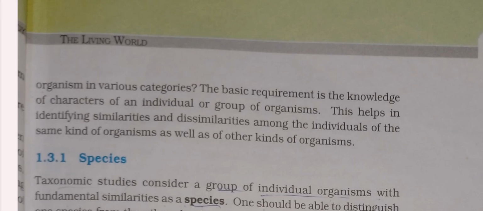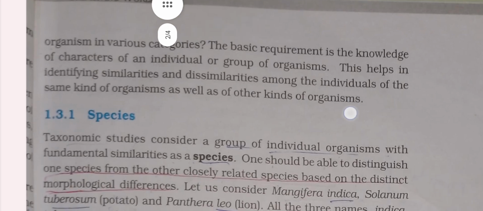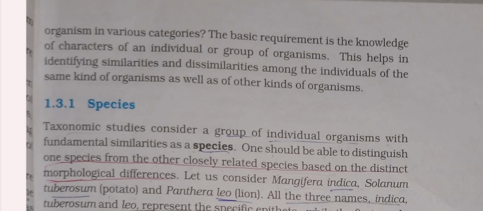This helps in identifying similarity and dissimilarity among individuals of the same kind of organism as well as other kinds of organisms. There are a number of students in class 10th, and each student is a species. The group is their genus. So the basic, lowest rank is the species.